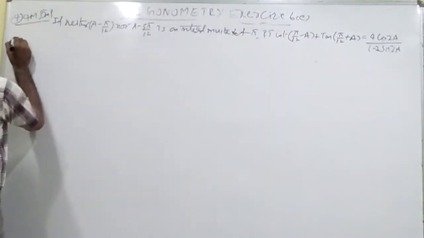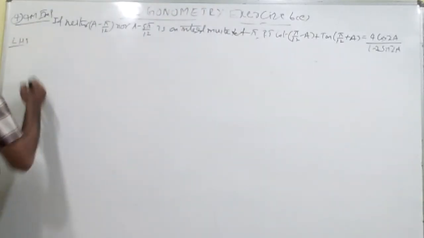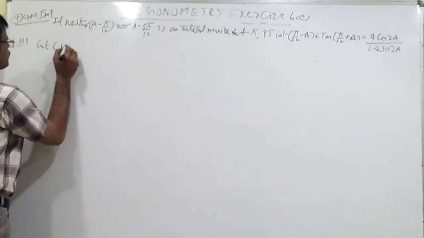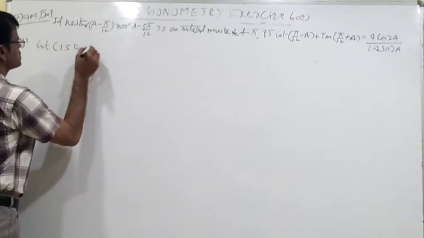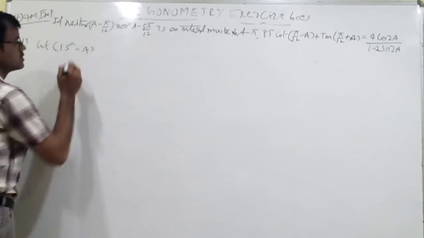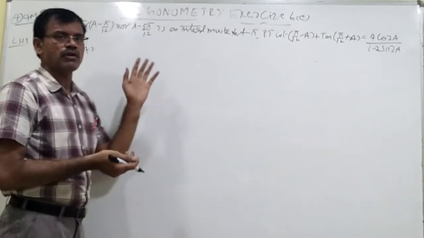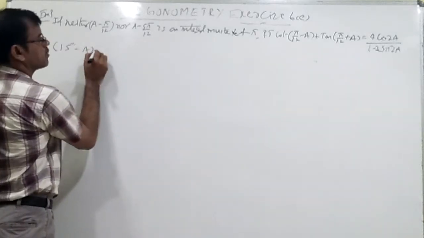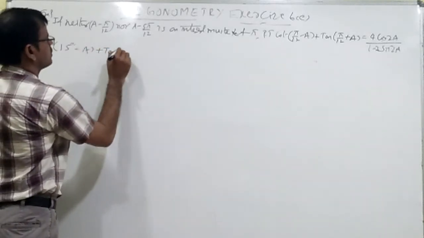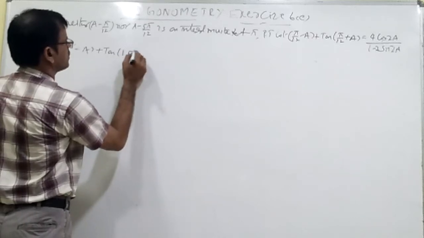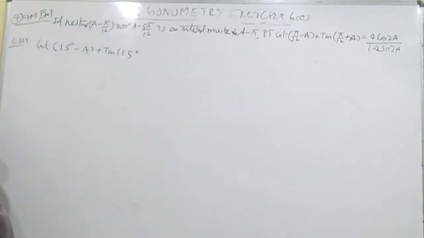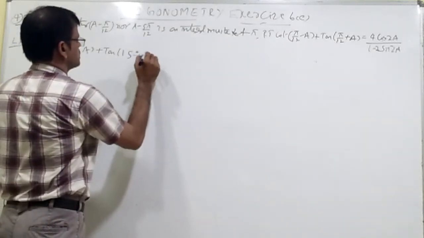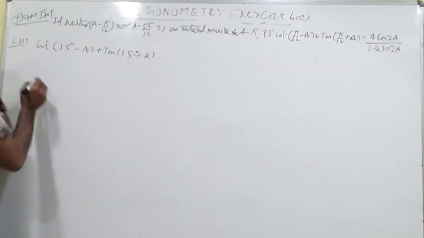Take LHS. LHS I am writing as cot of (15 degrees minus a). Pi meaning 180, 180 by 12 is 15. Plus tan of this is also 15 degrees, pi by 12, 15 degrees plus a. This is LHS.